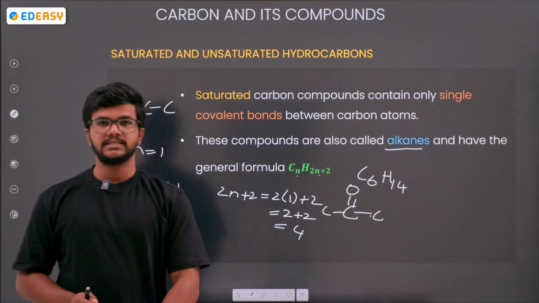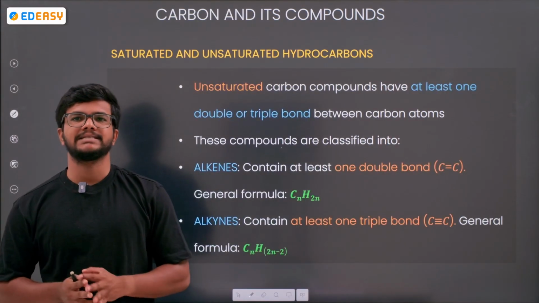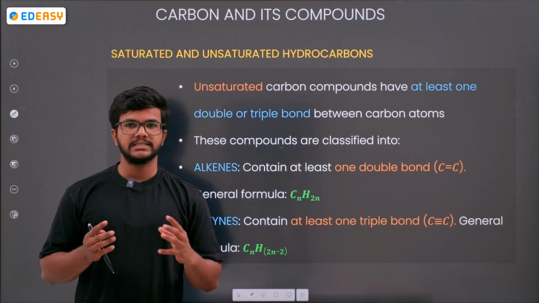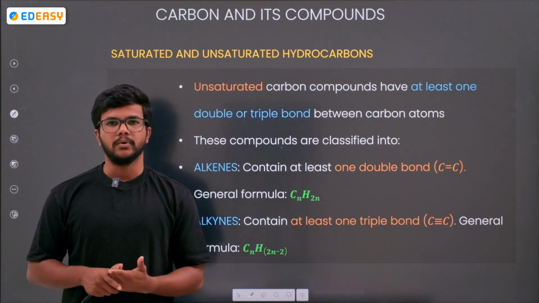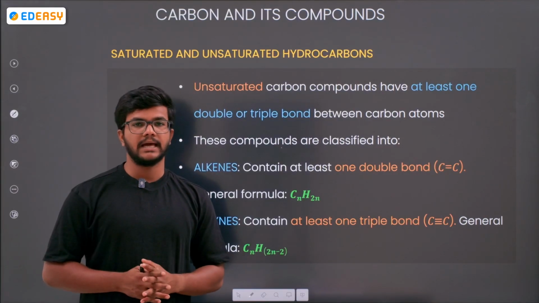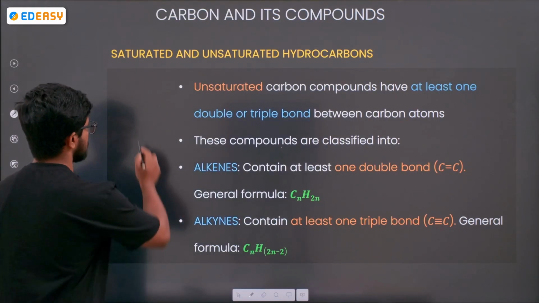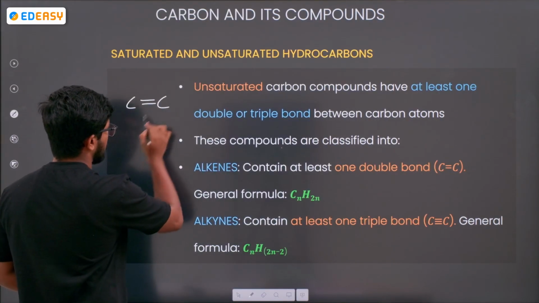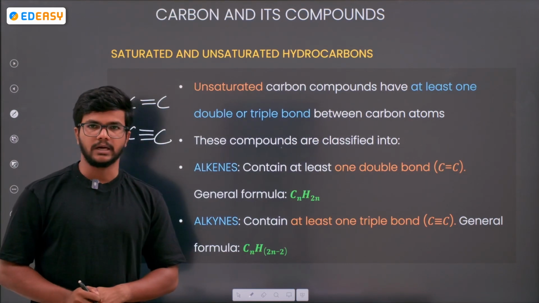Next is unsaturated hydrocarbons. What are unsaturated hydrocarbons? They have at least one double bond or one triple bond. Carbon-carbon double bonded or triple bonded hydrocarbons are called unsaturated hydrocarbons.